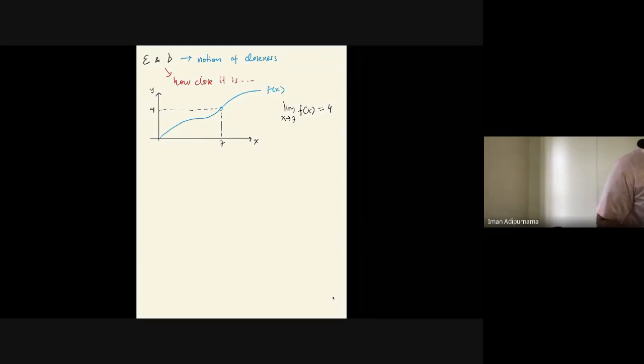So if you take a number close to a, close to 7, you will have this small number around this 7, and it will impact the f of x. So you have another interval here.